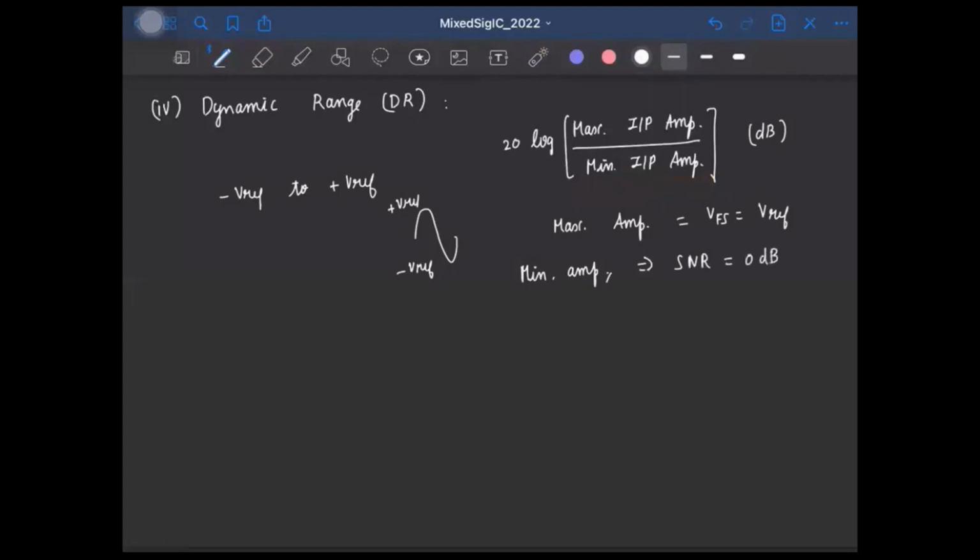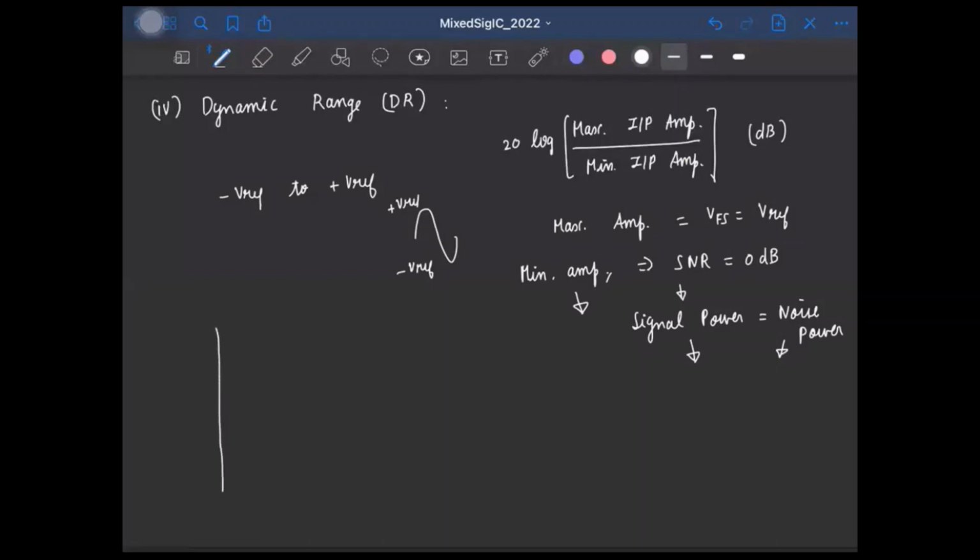That is the amplitude where the signal power is equal to the noise power. Okay, so any amplitude below this minimum amplitude, we'll have the signal power lower than the noise power. So we can't properly distinguish between the signal and the noise. That's the overall idea.